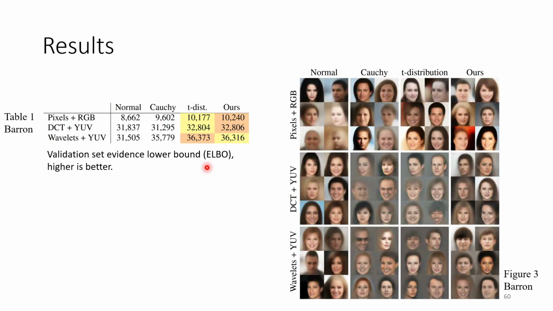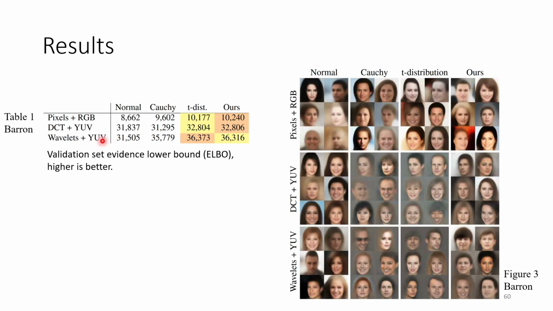Okay. So for the autoencoder, the problem is, how can I design a good distribution in the latent space so that my input can be well transformed to the latent distribution? And here what he shows is using his distribution, the ELBO number is greater than the T distribution, even though the improvement is very, very small.